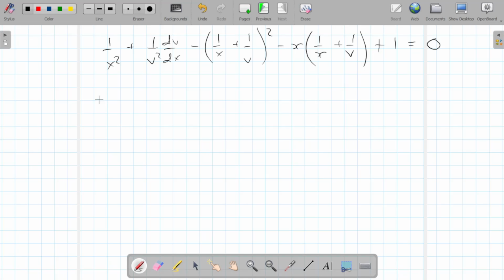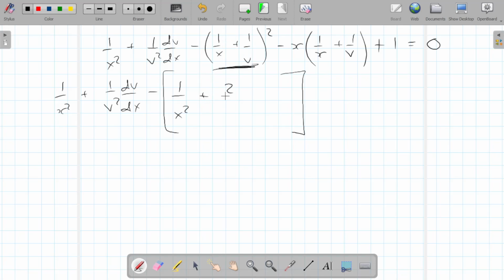So if we simplify this expression, we've still got 1 over x squared plus 1 over v squared dv by dx, minus, and then a big bracket because we're expanding this. We've got 1 over x squared, and then 1 over x times 1 over v plus 1 over v times 1 over x, which comes out to plus 2 over xv. Then we've got the 1 over v all squared, so plus 1 over v squared.